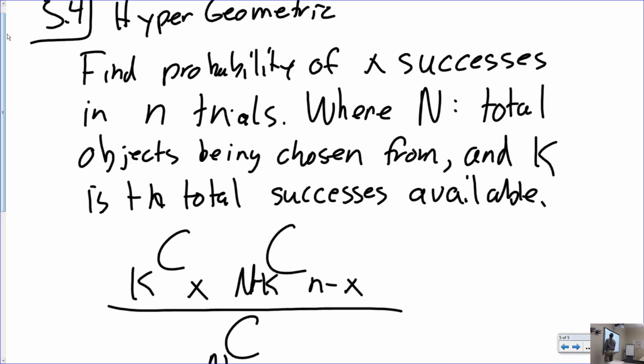Which one's capital N and which one's little n? Little n is the number of trials. Capital N is the total number of objects that you're picking from in a particular trial or event.